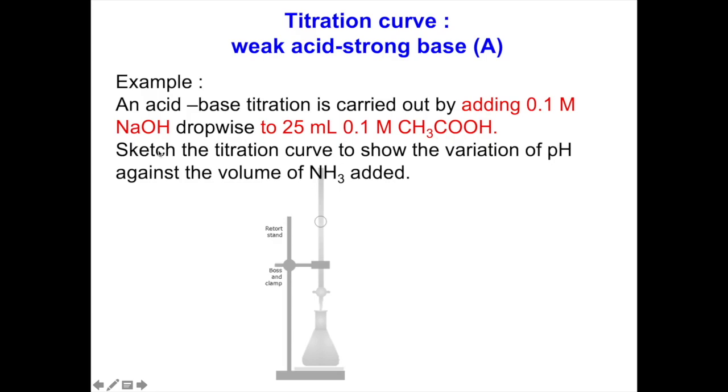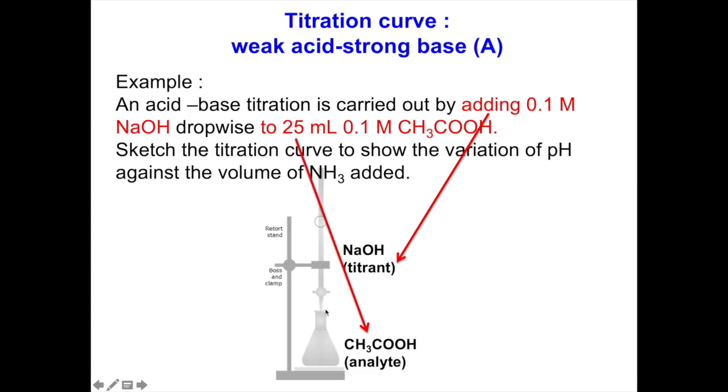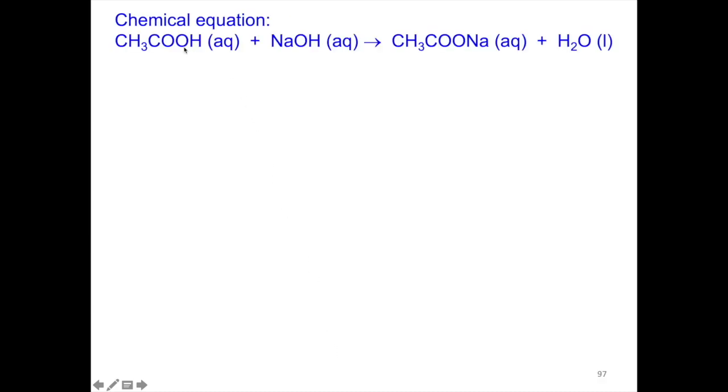NaOH is the titrant, so it is in the burette, and CH3COOH is the analyte, so it is in the conical flask. The chemical equation is CH3COOH, weak acid, plus NaOH, strong base, we get CH3COONa as a salt and H2O.